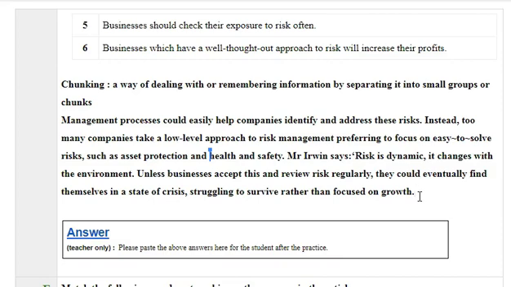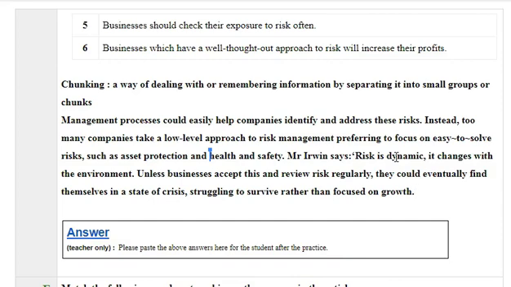While using chunking, management process could easily help companies identify and address these risks. Instead, too many companies take a low-level approach to risk management, preferring to focus on easy-to-solve risks, such as asset protection and health safety.